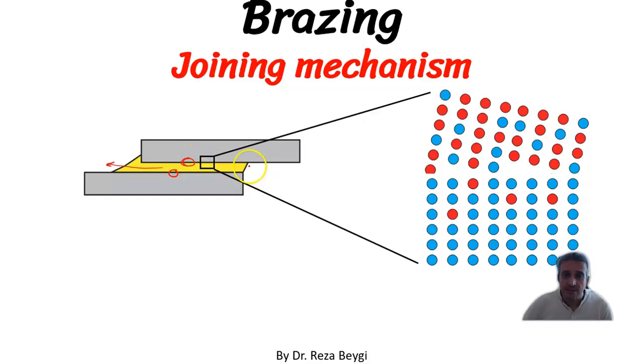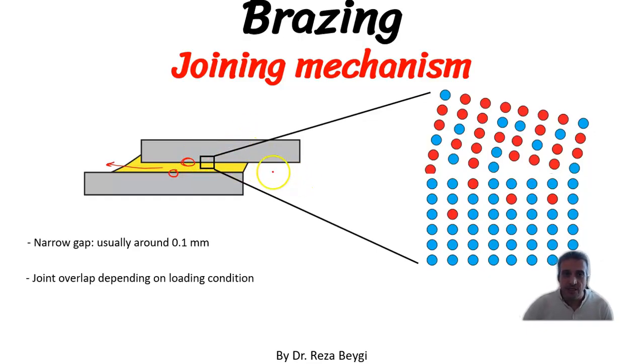In this process, we have a metallurgical bonding, which is bonding at the atomic scale between this filler material and the faying surfaces of the adjoints. The important thing in this process is a gap, a clearance between the faying surfaces, and this clearance is very important in the brazing technique.